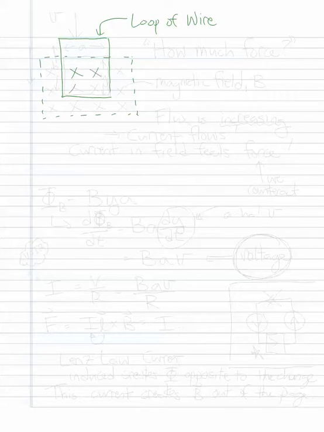But the magnetic field, these X's here, mean that the magnetic field points into the page. Okay, and the question is, how much force do you have to provide to get the loop to move into the region of field at some constant speed v?